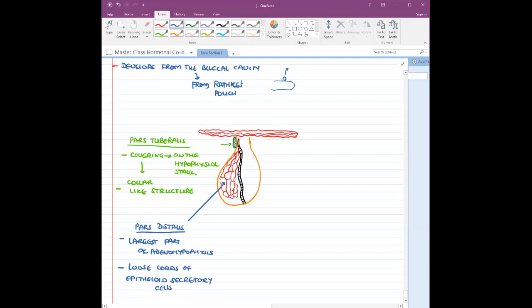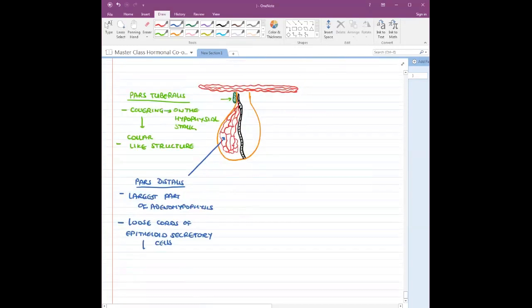These different cells are separated by this network of blood vessels, that is, separated by reticular connective tissue. Guys, remember this wording is very important: reticular connective tissue, network of blood sinusoids.